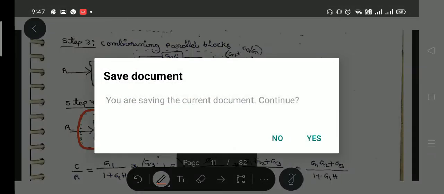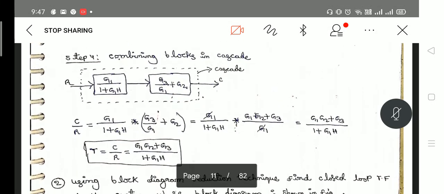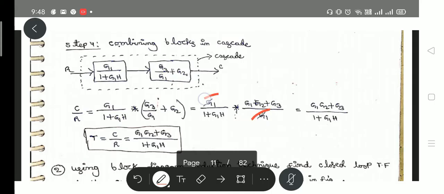After simplifying, we get G1 by 1 plus G1H, and cross multiplication of this one gives G3 plus G1 G2 by G1. So G1 and G1 both cancel here. What will we get? G1 G2 plus G3 by 1 plus G1H.